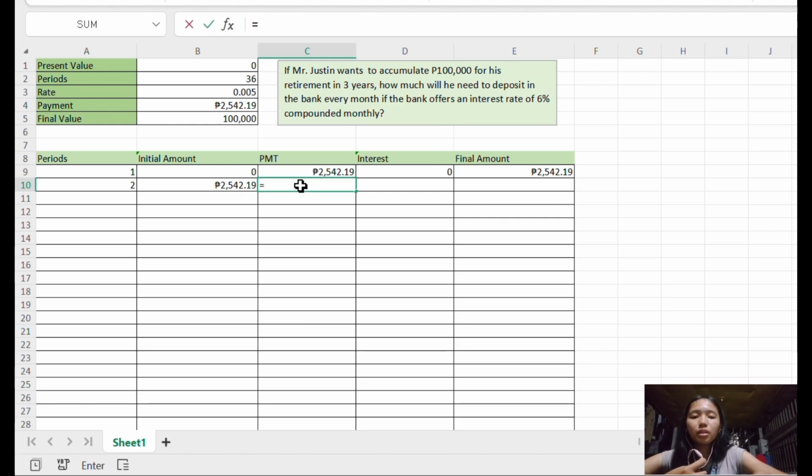Let's put an equal sign, then click the payment, or PMT. But here we need to put a dollar sign between the letter B and the number 4, and enter.